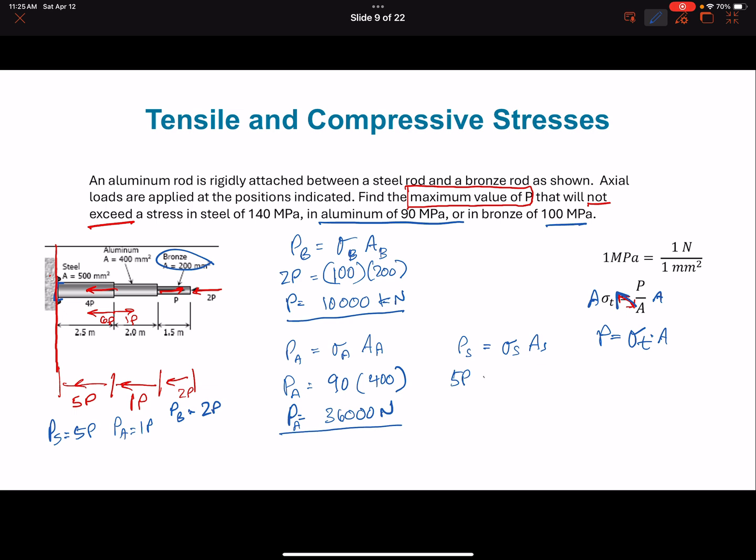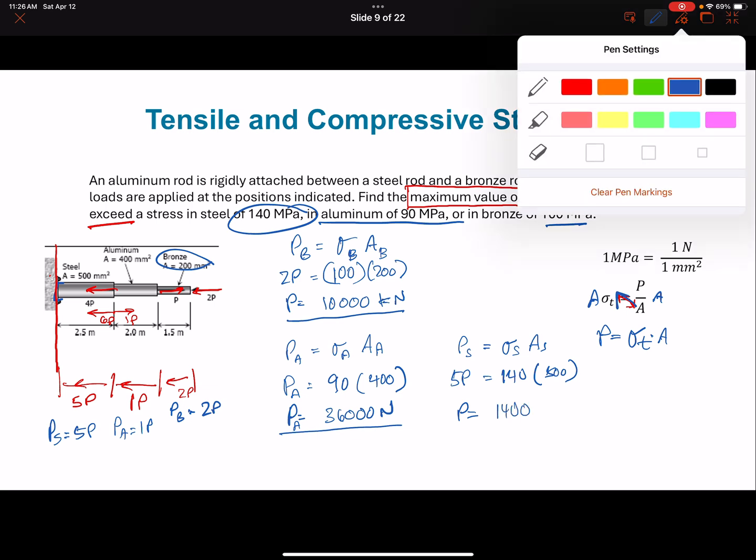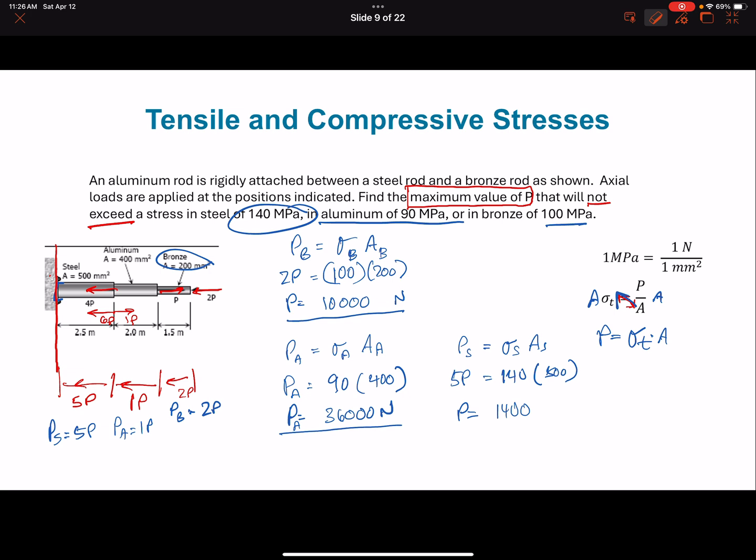So 5P, that's 140 times 500. So P in this case is 14,000 newtons. This is newtons, not kilonewtons. Got all carried away there. Just newtons. 14,000 newtons. That'd be 10 kilonewtons.